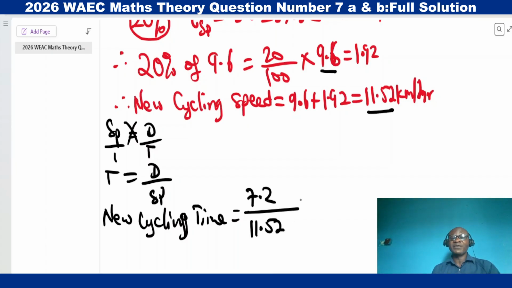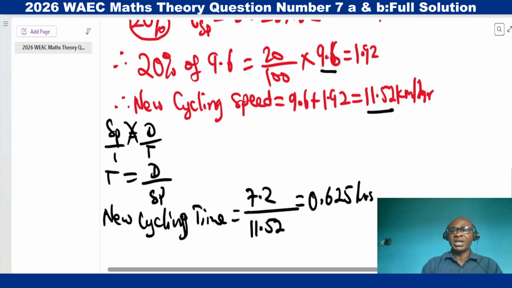So I divide 7.2 by 11.52, and this gives me 0.625 hours, because everything we have here is in hours.